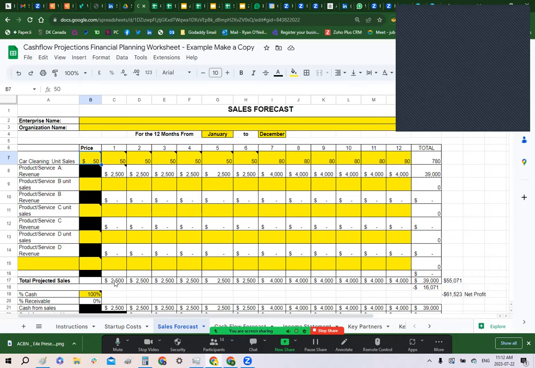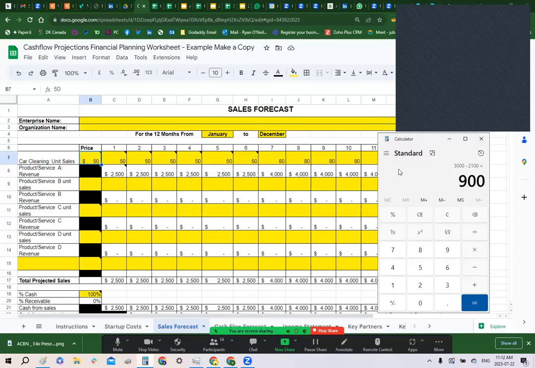So now you saw our target to live was $8,000. So at that price point, if you put into the chat, how many car cleanings do you think we have to sell in order to hit $8,000 as a target? If it's $50 each. And feel free to pull up your calculator.